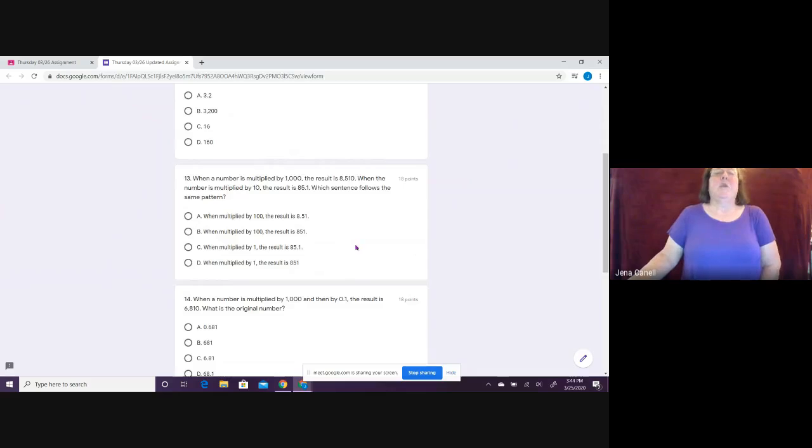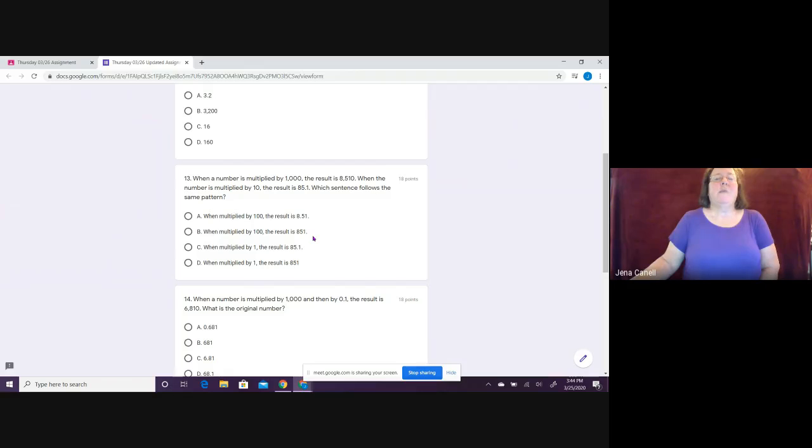Number 13, when a number is multiplied by 1,000, the result is 8,510. When the number is multiplied by 10, the result is 85 and 1/10. Which sentence follows the same pattern? Is it A, when multiplied by 100, the result is 8 and 51/100ths?